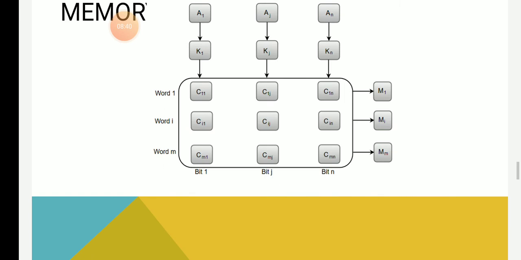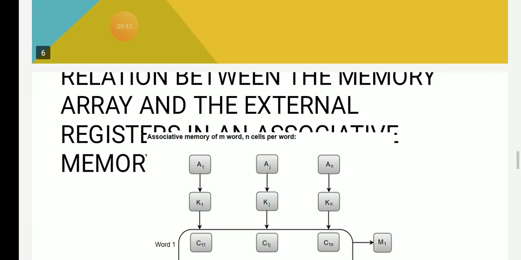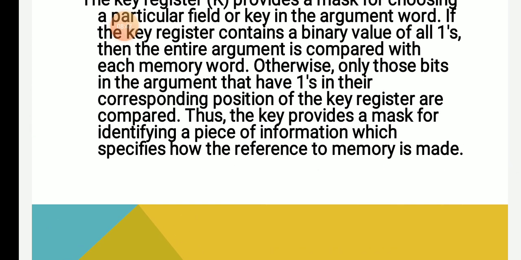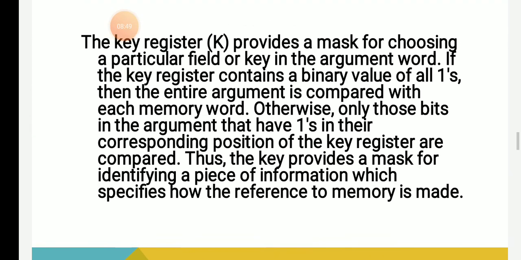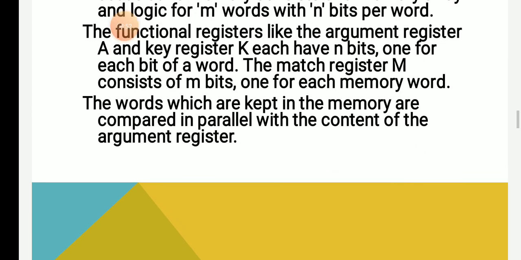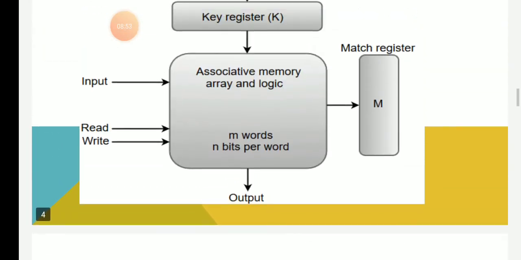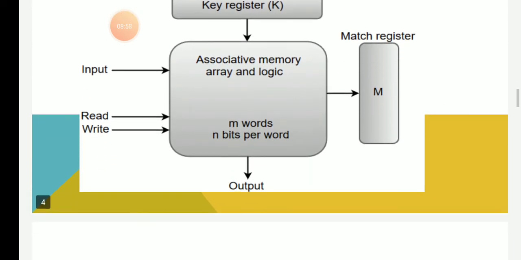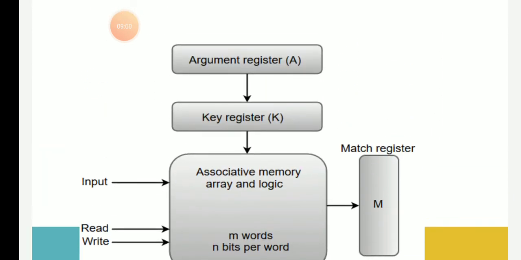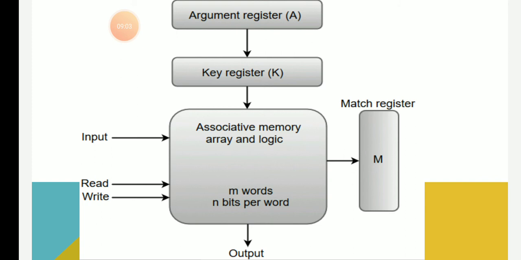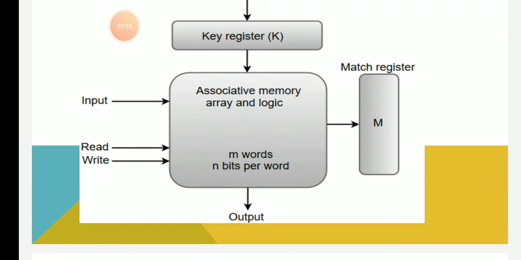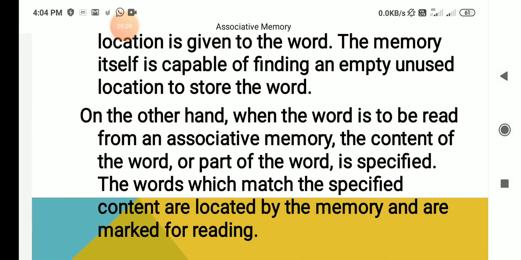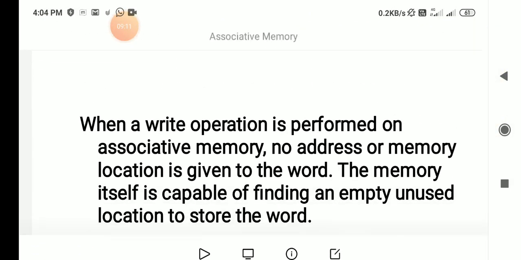Okay, so we will recall what we have seen in this class. First, what is associative memory? Second, what is the block diagram of associative memory? How you use the argument register and key register in the array logic, m words with n bits per word, and how the read and write operations work, when you want to write and when you want to read.